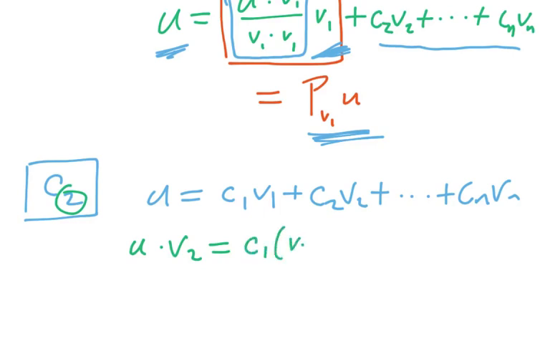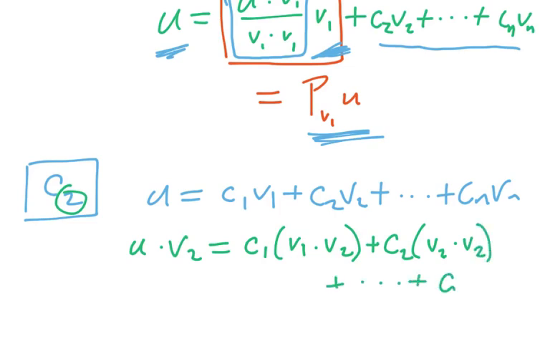I'm going to have C1 V1 dot V2 plus C2 V2 dot V2 plus up through Cn Vn dot V2. And again, because this is an orthogonal basis, all of these dot products between vectors that have different indices, so V1 dotted with V2 for instance, are going to zero out because of orthogonality. And I'm just going to be left with that one term.